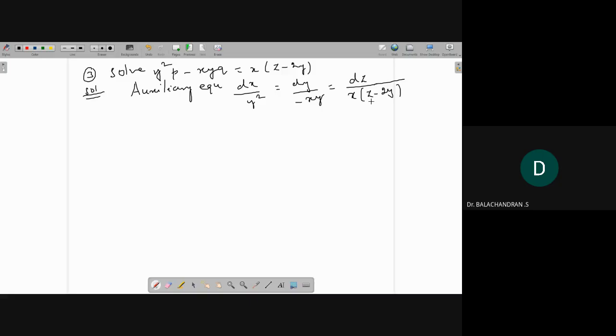Okay. Now here I am going to use the first method of grouping. First we will try the method of grouping. If it is not possible, then you can go for multipliers. If I choose the first and second ratio, first, because that is a little bit simpler than first and third and then second and third.